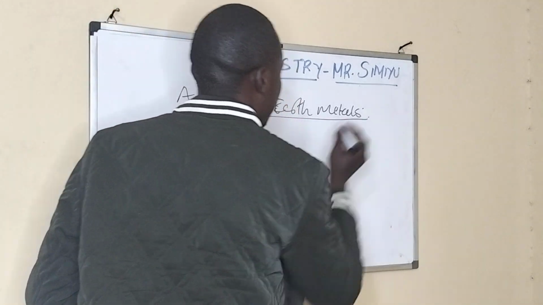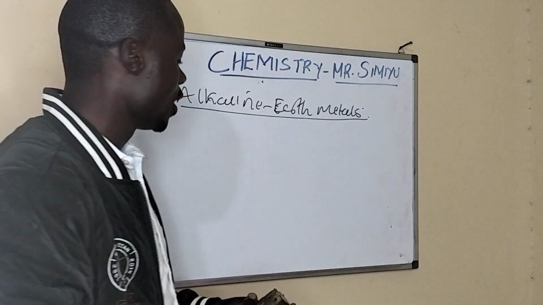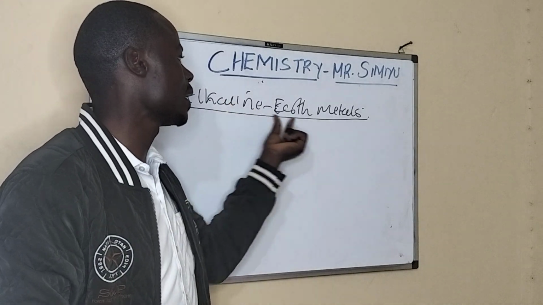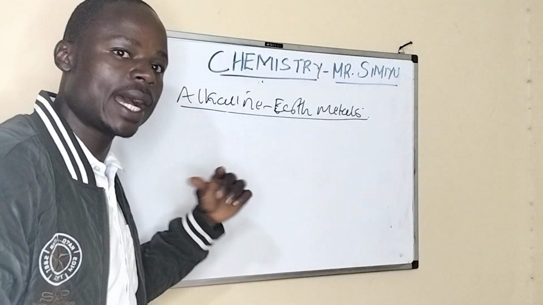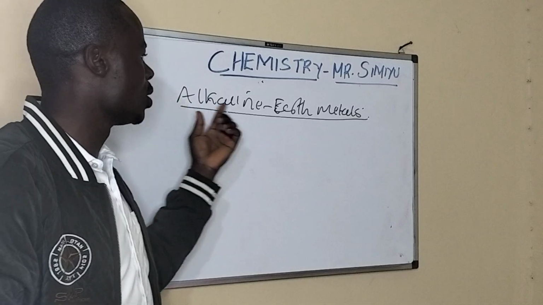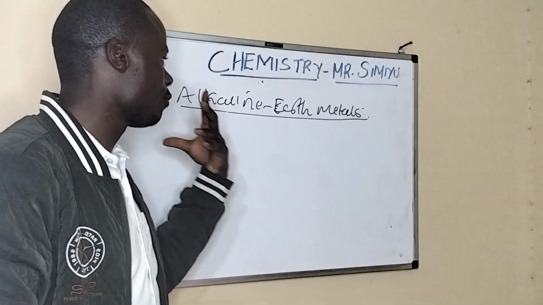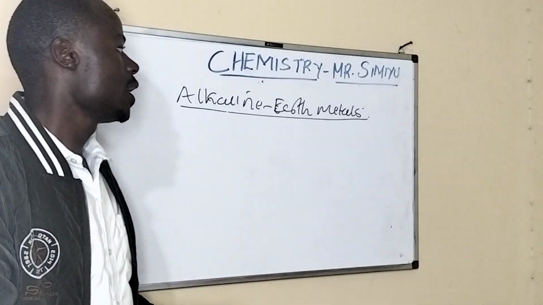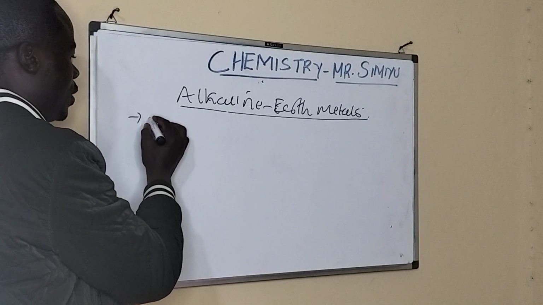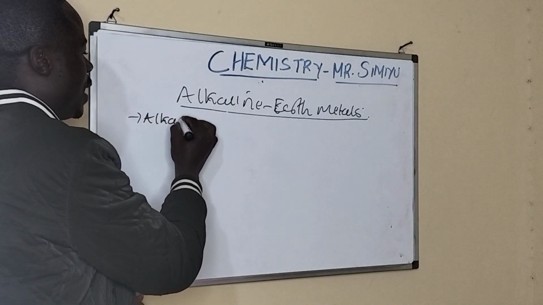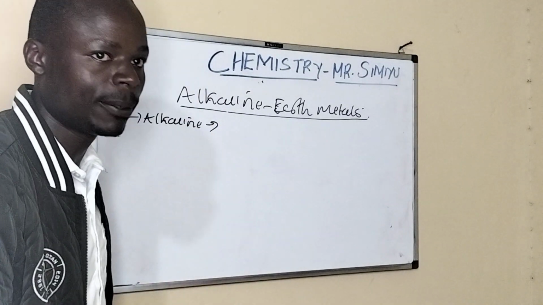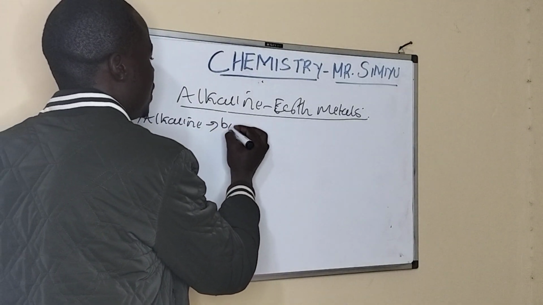We have seen that these elements, why are they being assigned a chemical family known as alkaline earth metals? Number 1, why alkaline? Alkaline because when they form oxide, that oxide dissolves in water, it forms a basic solution. Alkaline, when it forms oxide, that oxide dissolves in water, it forms a basic solution.